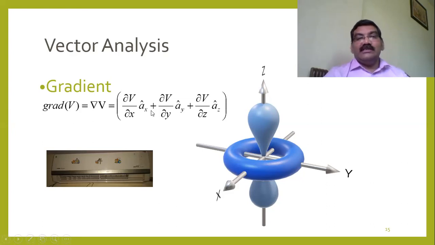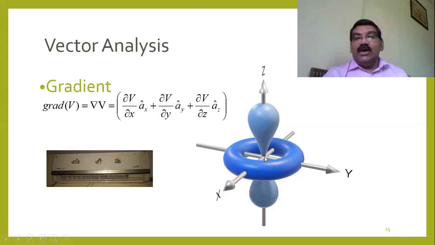This is the temperature, V is the temperature. What will be the rate of change of temperature here? What is the coordinate? X-axis. What is the reference? Along the x-axis. So the rate of change of temperature along the x-axis is given by this parameter, that is ∂V/∂x, a_x.